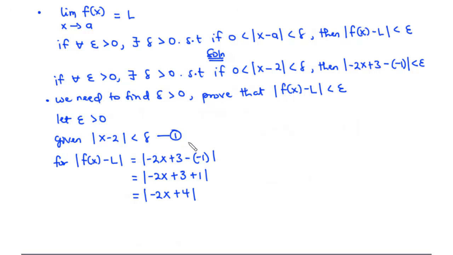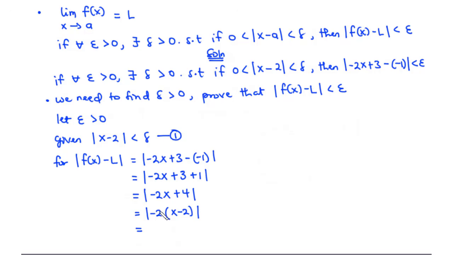Now, looking from equation 1, we want to get something like the absolute value of x minus 2 here. So to do so, we are basically going to factor out -2, and then inside of the bracket we have x minus 2. Now notice that -2 times x is -2x, -2 times -2 is positive 4.